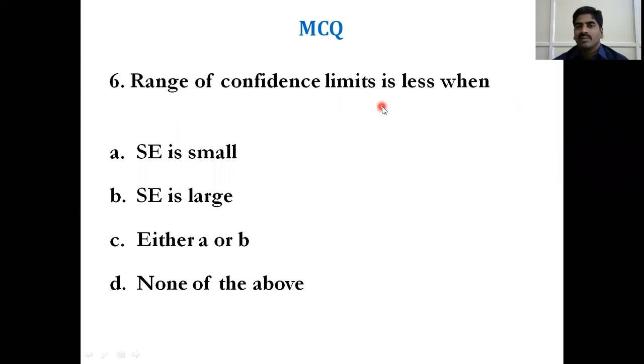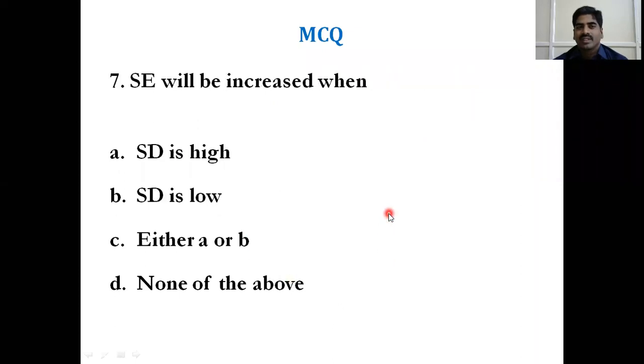Range of confidence limits is less when... Next, question number 7. Standard error will be increased when standard deviation is high, standard deviation is low, either A or B, none of the above.